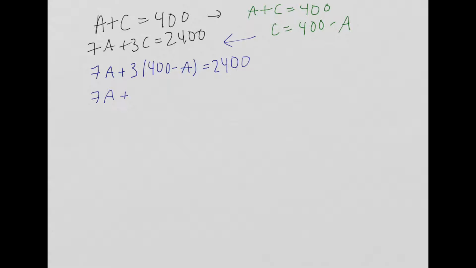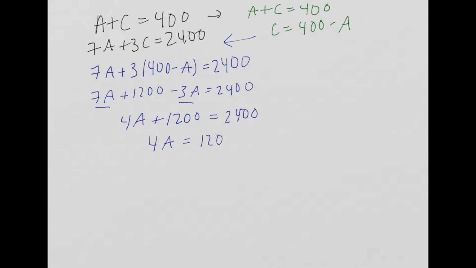So 3 times 400, 1200 minus 3A is 2400. And maybe pause and ask yourself, what should you do next to solve for A? Well, if I were you, I would combine this term and this term and get a 4A. Then I would subtract 1200. Then I would divide by 4.